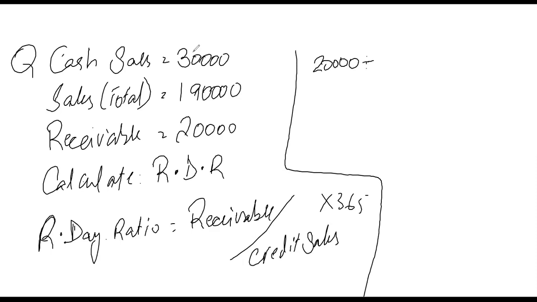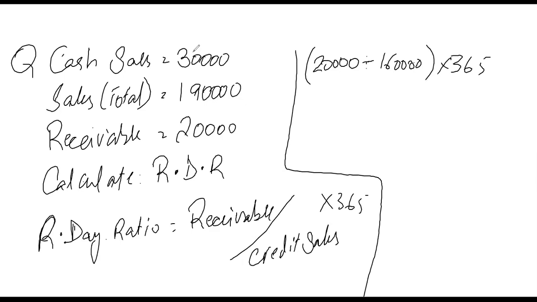If my total sales are 1,90,000 and my cash sales are 30,000, this means that my credit sales are 1,60,000. Multiplied by 365.